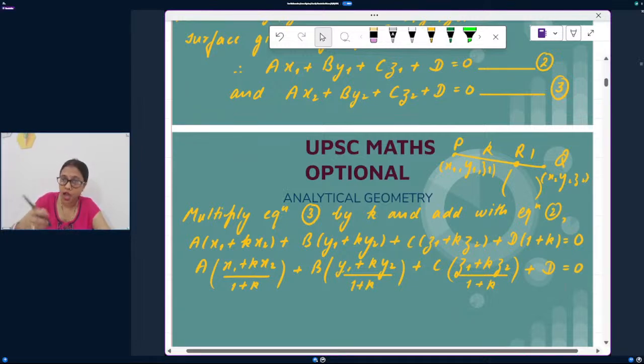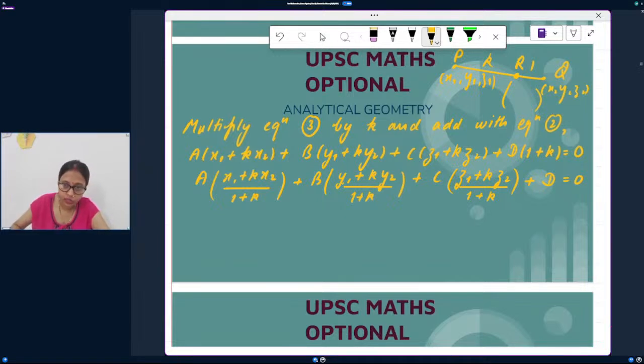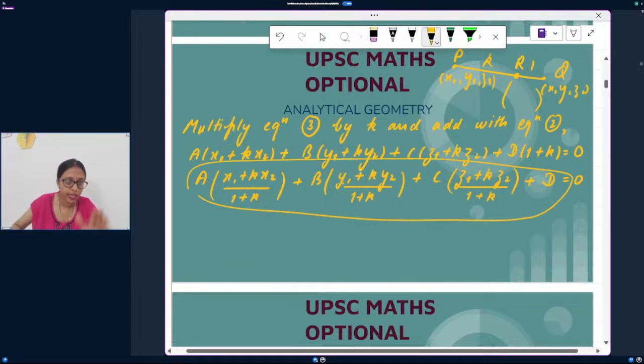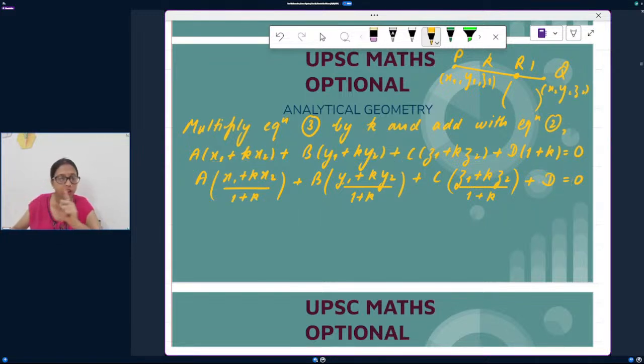That means this point R. Look at this. This is the equation of the surface, ax + by + cz + d, where x, y, z are a random point on that line.